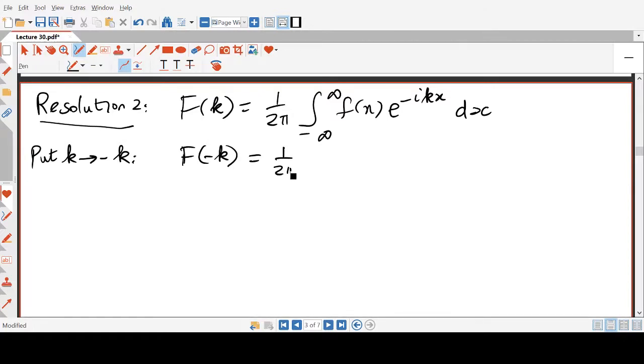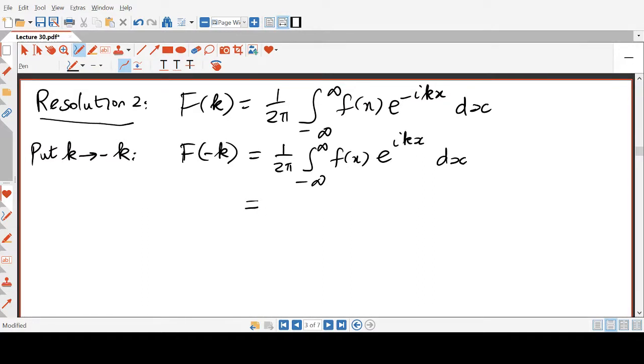You get 1 over 2 pi times the integral from minus infinity to plus infinity of f of x e to the i kx dx. If k becomes minus k, then you have i kx. But that bit of gymnastics means that what we actually have there, so recall, what is the conjugate of e to the i theta?